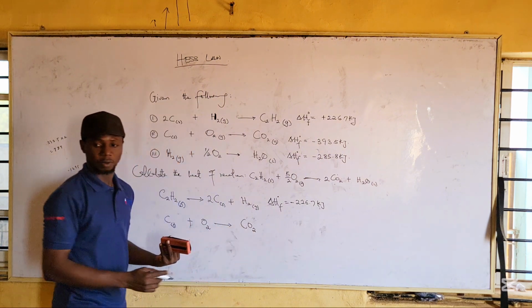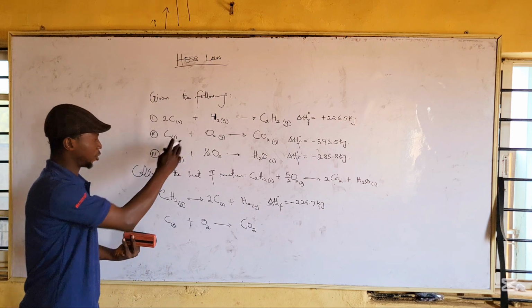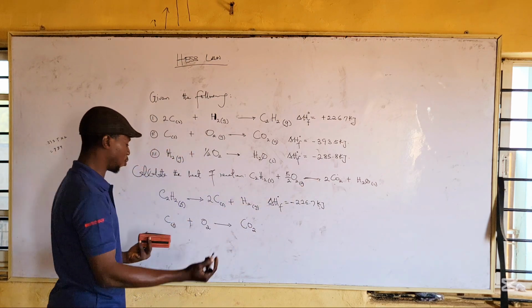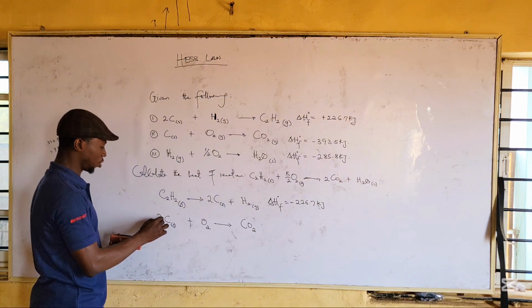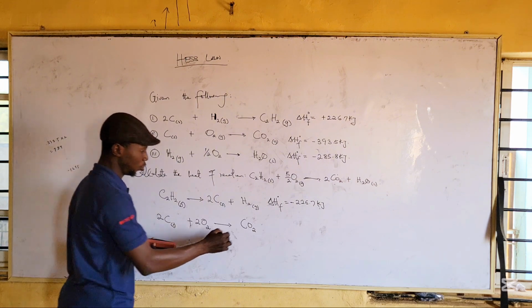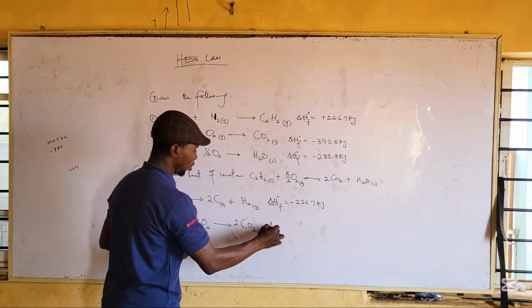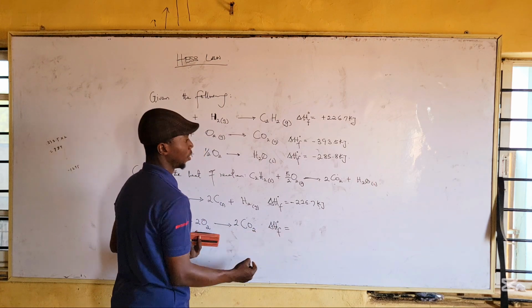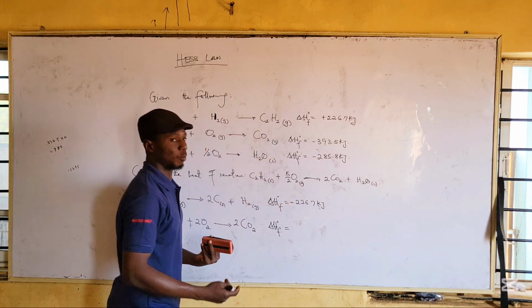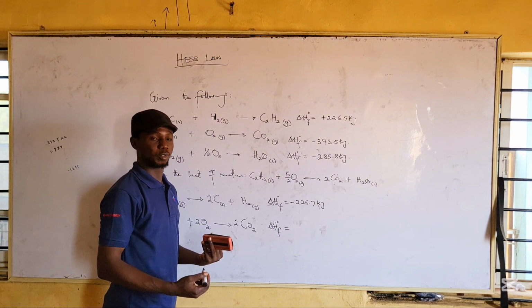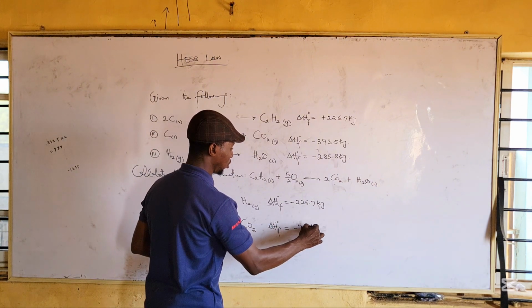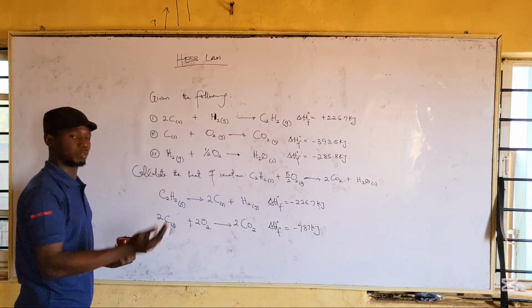Now, in this equation we have 2 CO2, but here we have 1. So we have to multiply the equation by 2, changing to 2C plus 2O2 to give 2CO2. So the heat of standard formation, instead of 393.5, we're going to multiply 393.5 by 2. It's going to give us minus 787 kilojoule. We have multiplied everything here by 2 now.